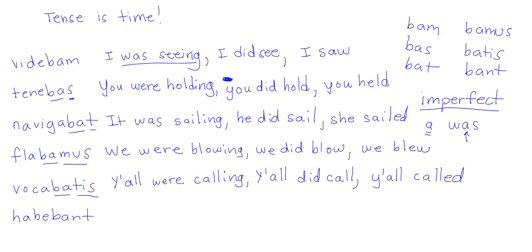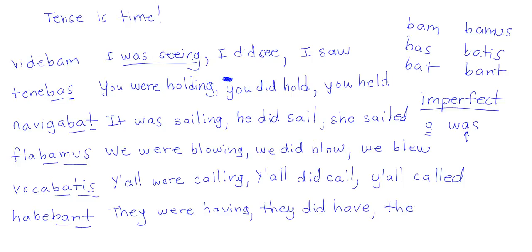And habebant. Nt is they. Ba is the was. They was. No, they were. Habeo, habere, they were having. There we go. They, you got it, did have. And now we have a little irregularity in English. They had.